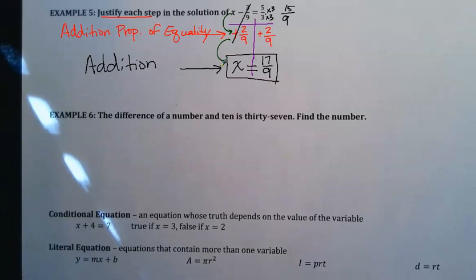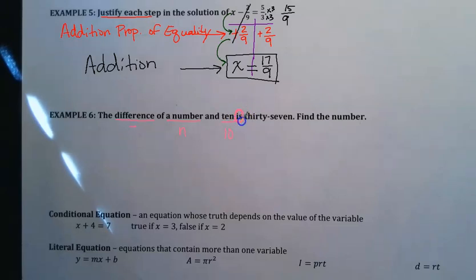All right, example 6 says the difference of a number and 10 is 37. Find the number. We have to translate this into an equation, and then solve it. The difference means subtraction. Of a number, let's use n, and 10.